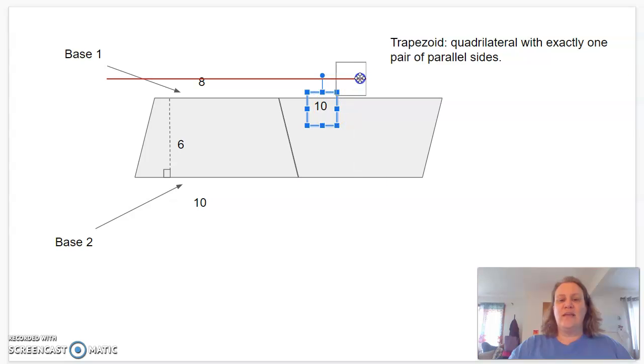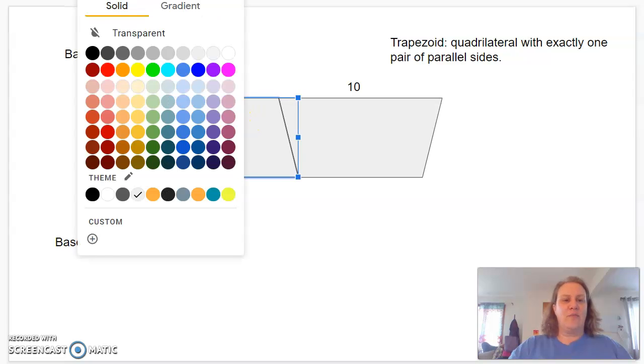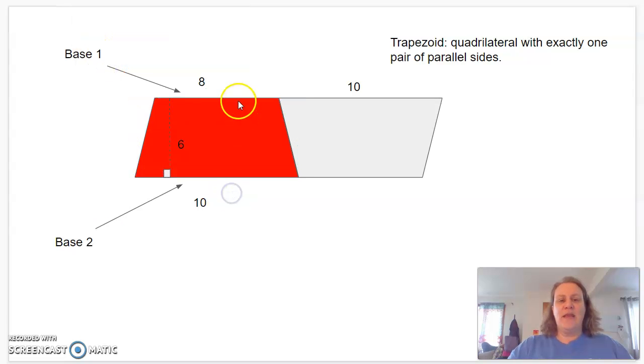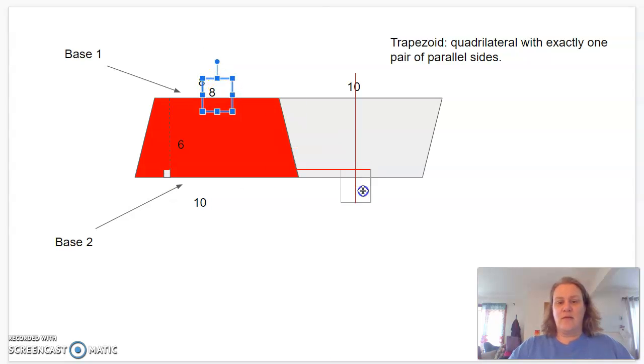new measurements here. So we've got the base of this original trapezoid, I'm going to make it a different color, is 8. And the copy, when I flipped it over, the base is 10. And then the base here down at the bottom is 8.